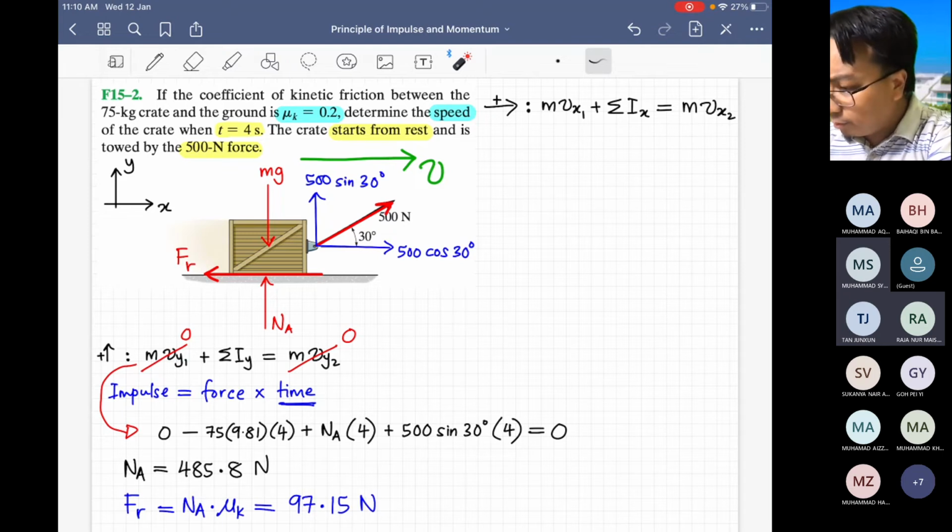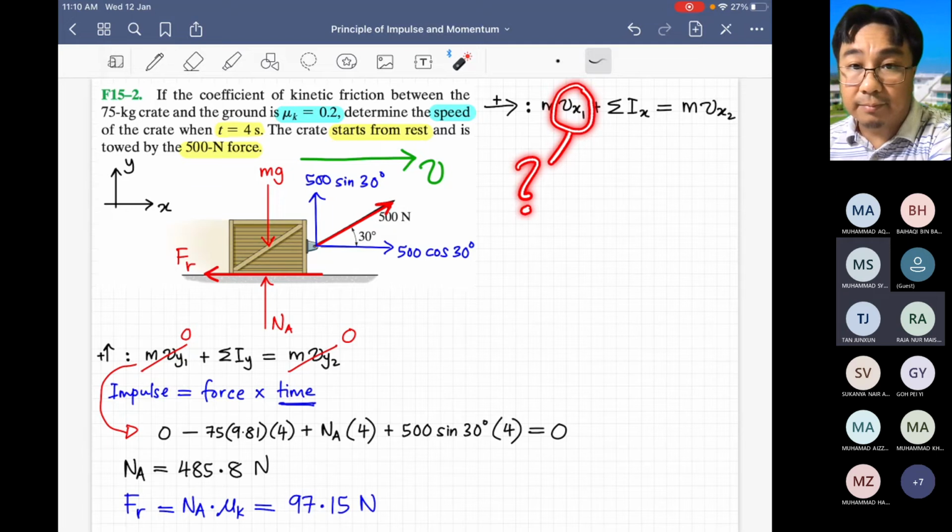Okay. So first, let's identify what is vx1. Anyone? What is vx1 dekat sini? Siapa boleh bantu saya? Vx1, who know? What is the value of Vx1 by looking at the question? 0. 0, because starts from rest, so Vx1 pun sama 0.